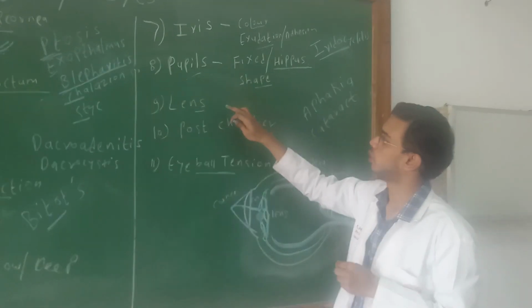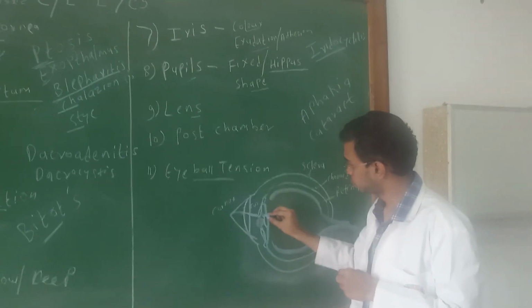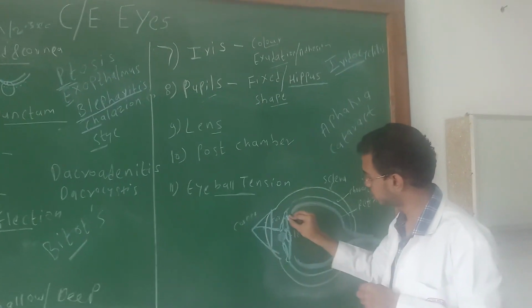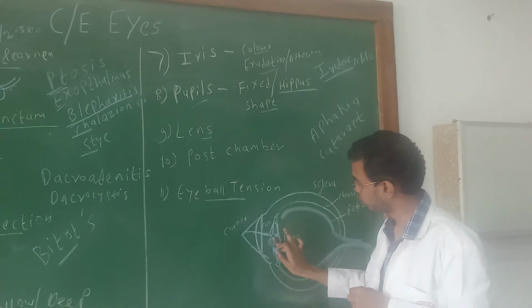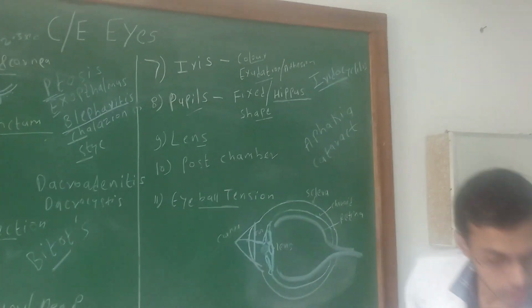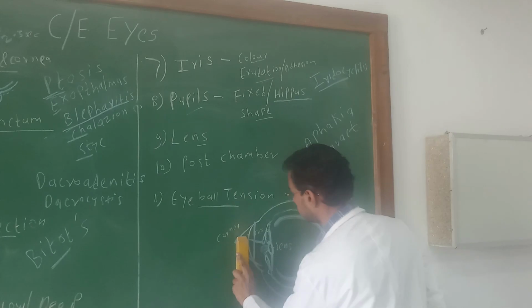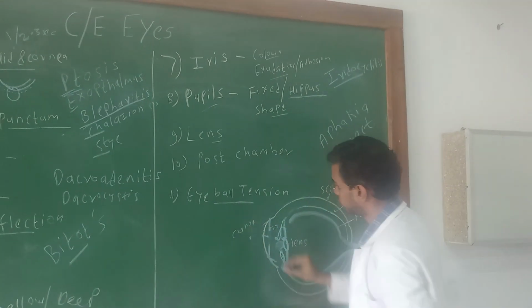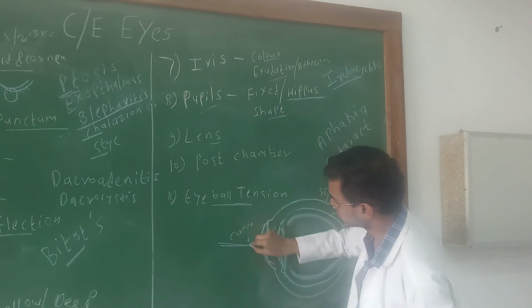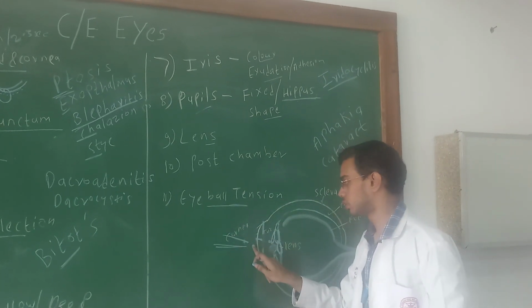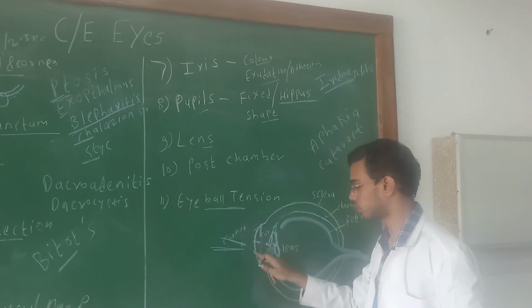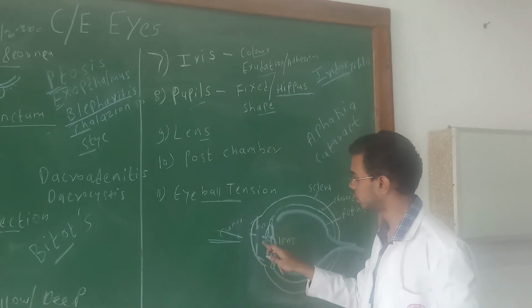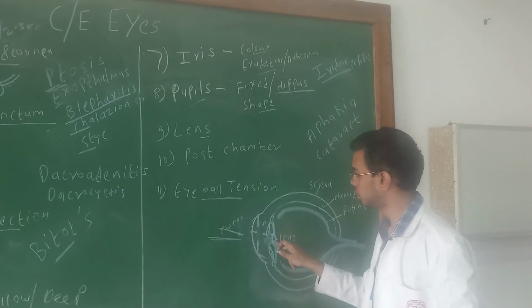Okay. Now the lens. As you know, the lens is suspended with the help of the suspensory ligament. When you throw the light inside the eyeball, suppose we are throwing light from this side, that light first enters from the cornea into the anterior chamber and then through the pupil into the lens.